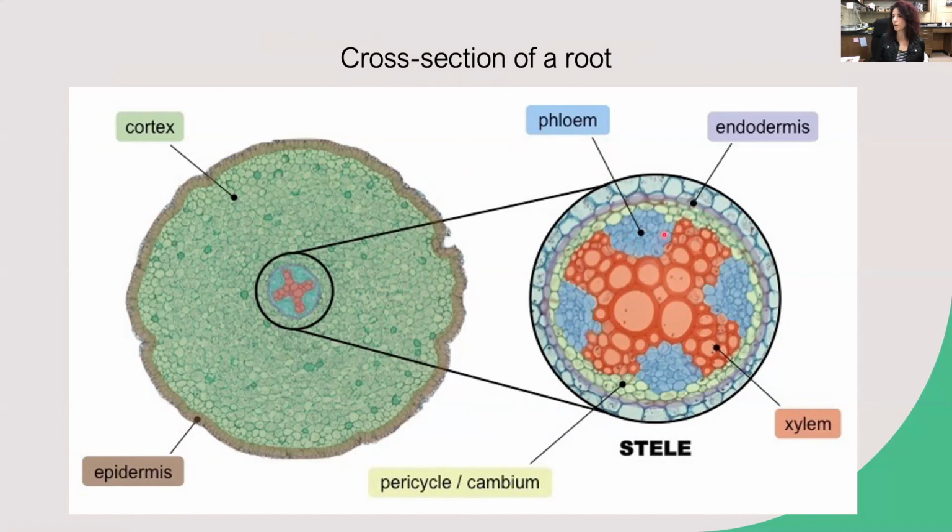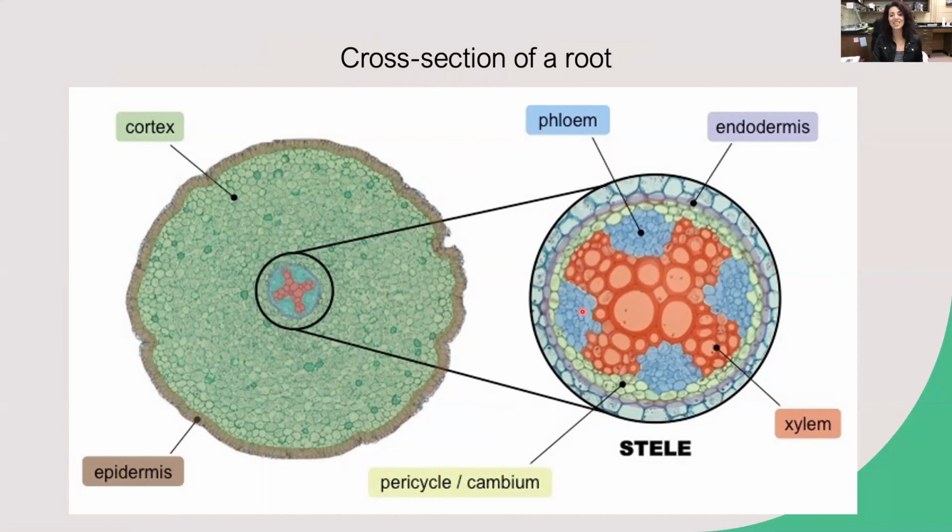Here's the phloem vascular tissue and the xylem vascular tissue. And here we have the pericycle or the cambium outlined just beneath the endodermis, but before we get to the vascular bundle of the xylem and the phloem. So that is the root.